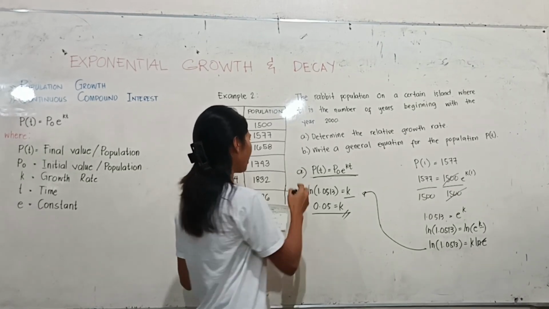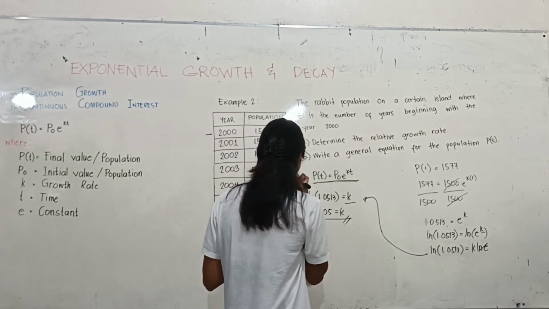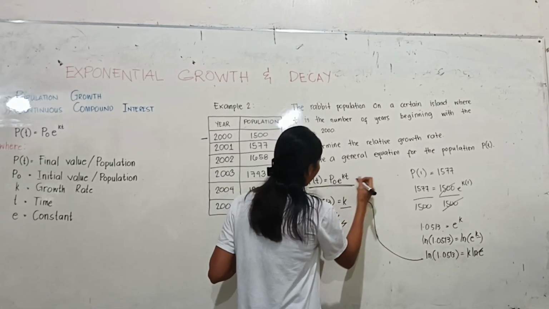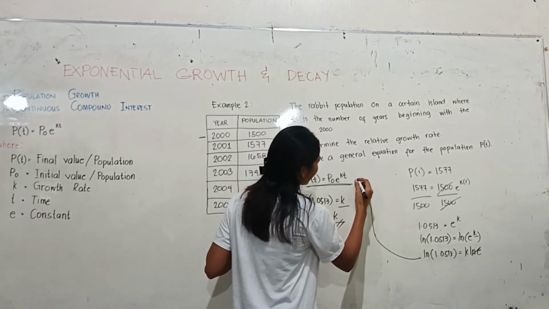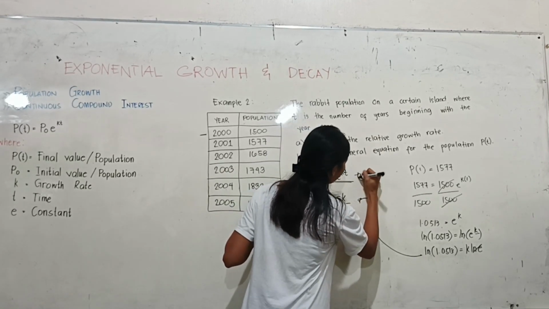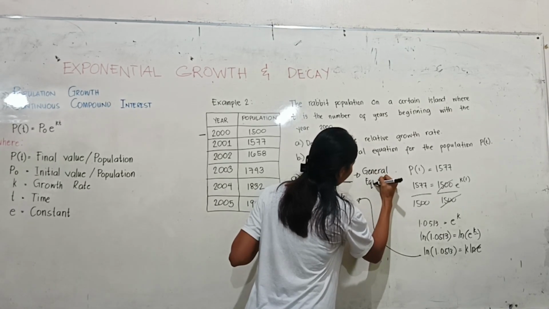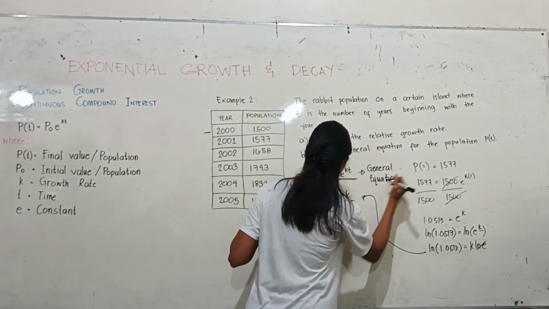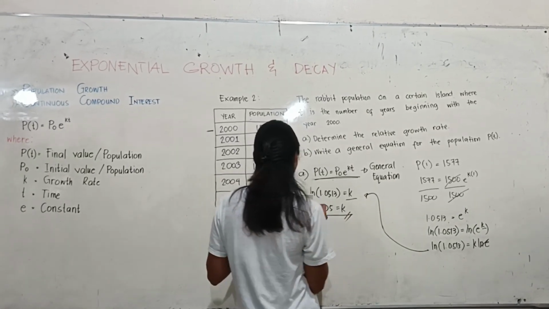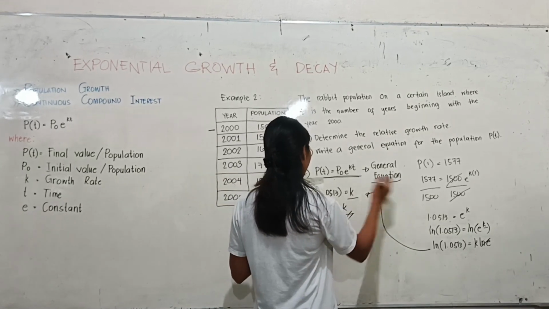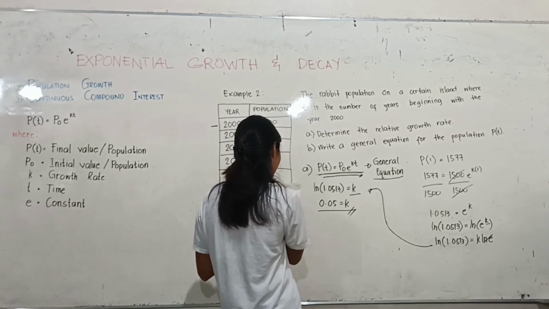Now, we can proceed to the letter B. Write a general equation for the population. This is our general equation, that P of T is equal to P0 e raised to the power of KT. Then, we can substitute all the answers that we got.